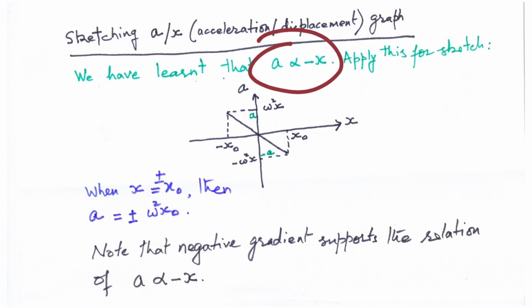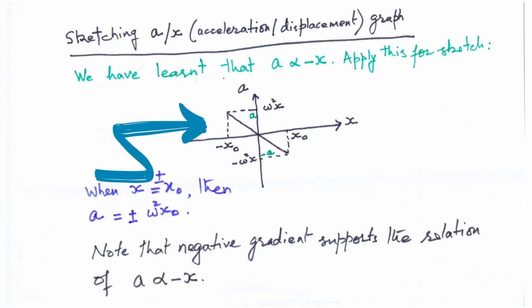The negative sign tells that the acceleration displacement graph will have a negative gradient, and a will be maximum when displacement is maximum. I have drawn the graph for you. So a will be taken as plus minus omega square x naught.